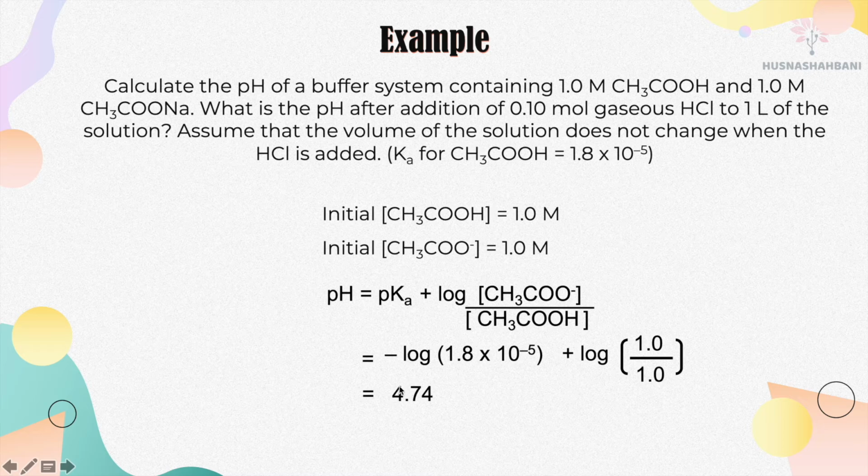So this pH is 4.74. That is the pH for the buffer containing CH3COOH and CH3COONa.